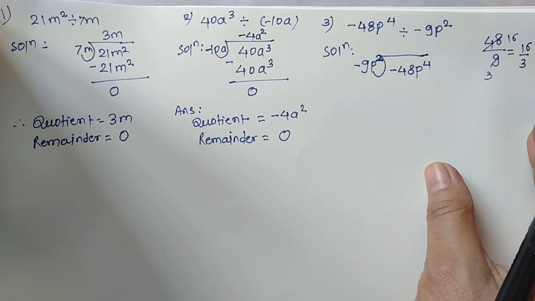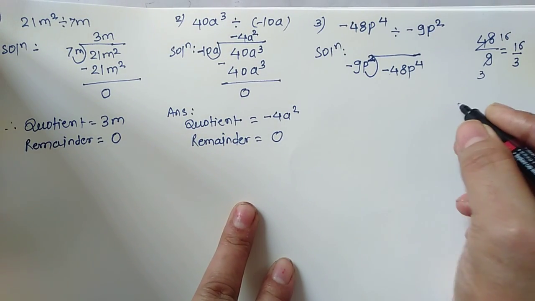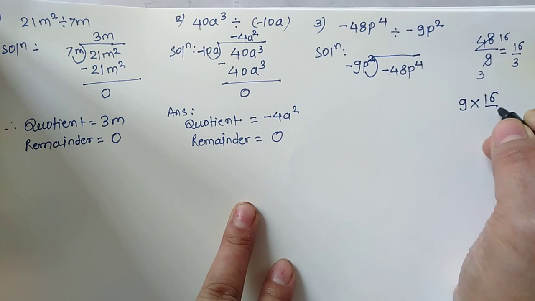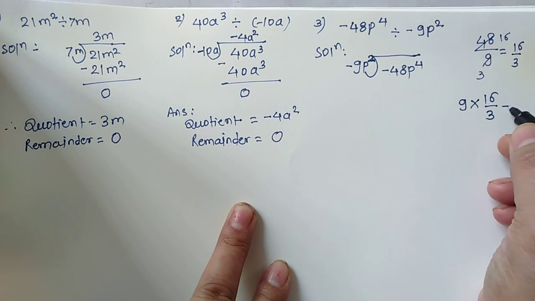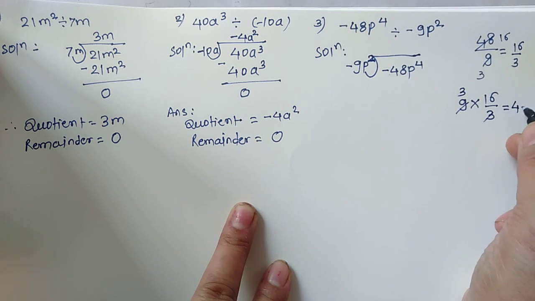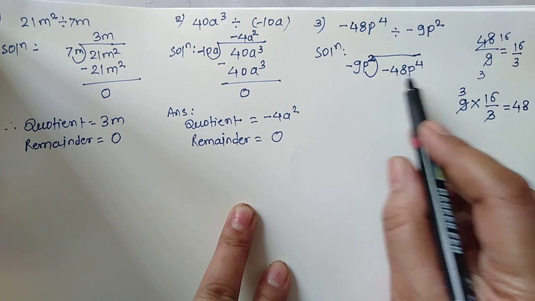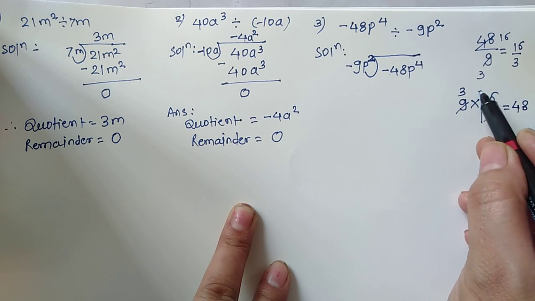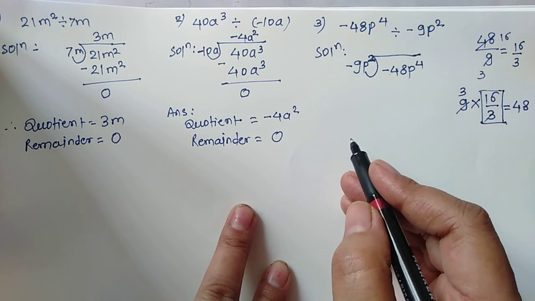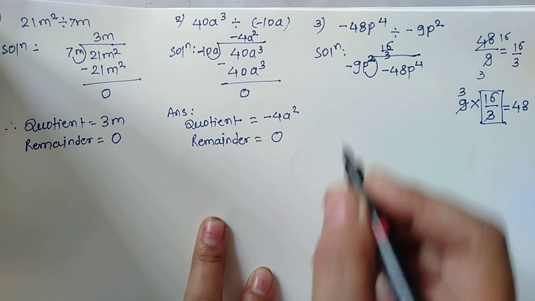Correct? So 9 multiplied by 16 upon 3 is equal to 48. And what do we want? We want the 48. So our required multiplier is 16 upon 3. So write down here 16 upon 3.